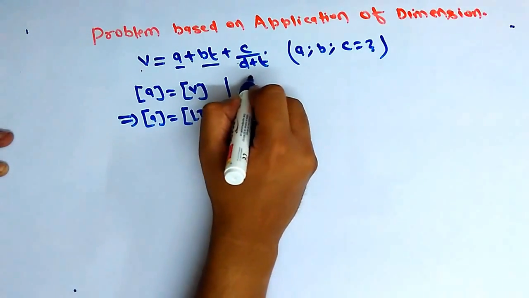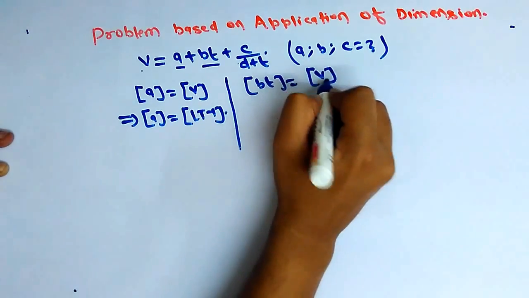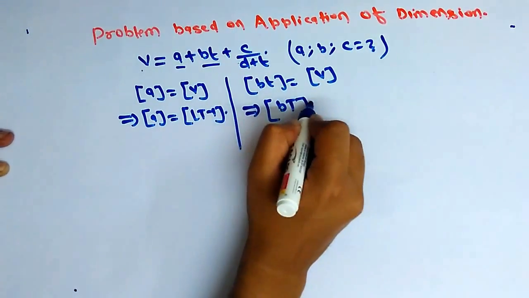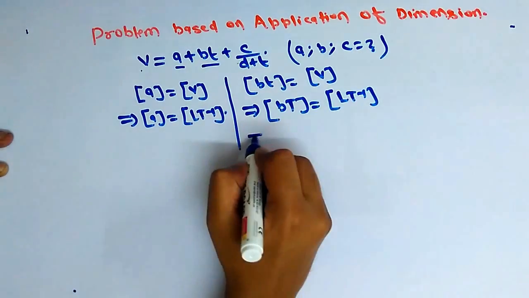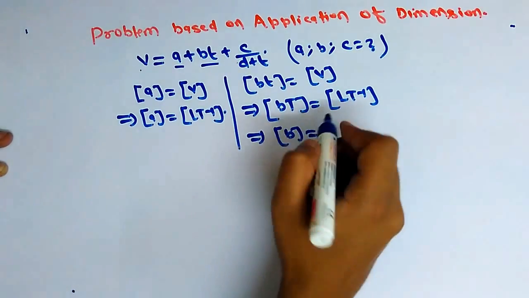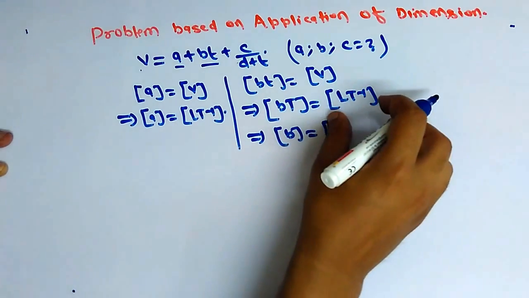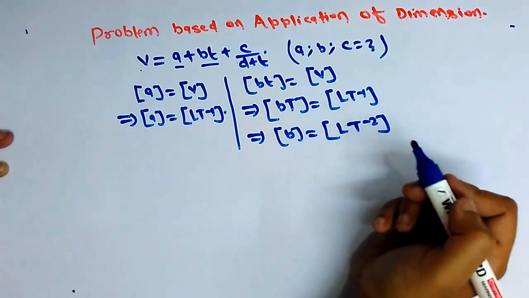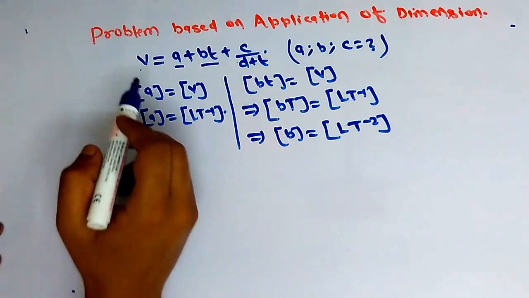Then the dimension of bt is the dimension of velocity, so bt has a dimension of L T minus 1, and the dimension of b will be L T minus 2.